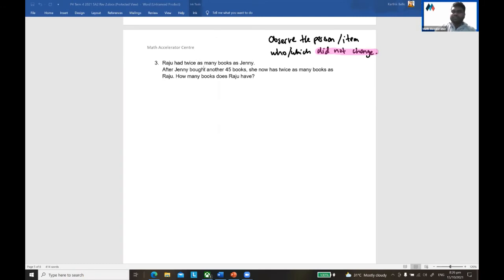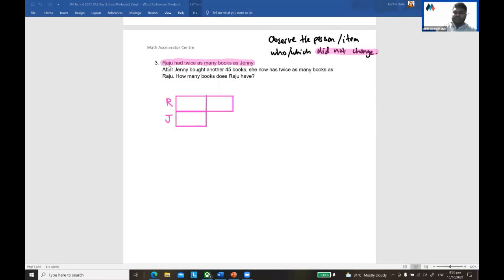Okay, so let's draw a model for the first sentence. Raju had twice as many books as Jenny. So this is Raju, it's 2 units. Then Jenny is simply 1 unit. Okay, now let's read the next sentence.